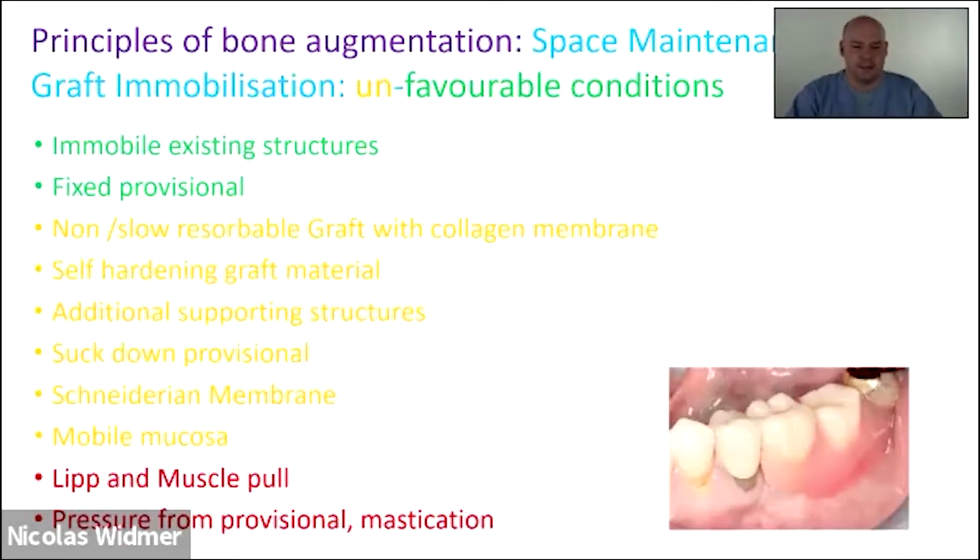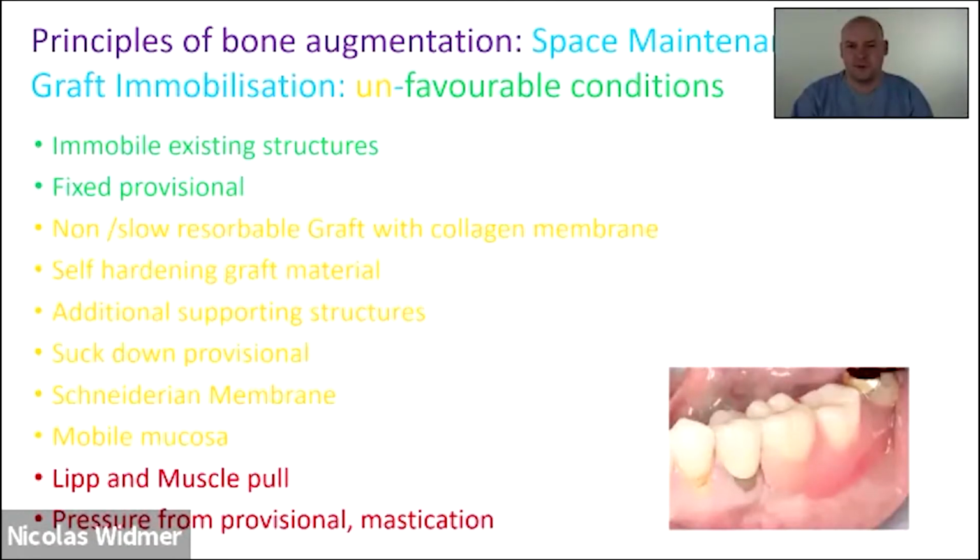For example, a suck-down provisional is quite good because it's supported by the neighboring teeth and it gives no pressure on the bone augmentation. Then, for example, the Schneiderian membrane: there's always a little bit of movement of the Schneiderian membrane, and some materials work better in the sinus and some not so well because of this movement.